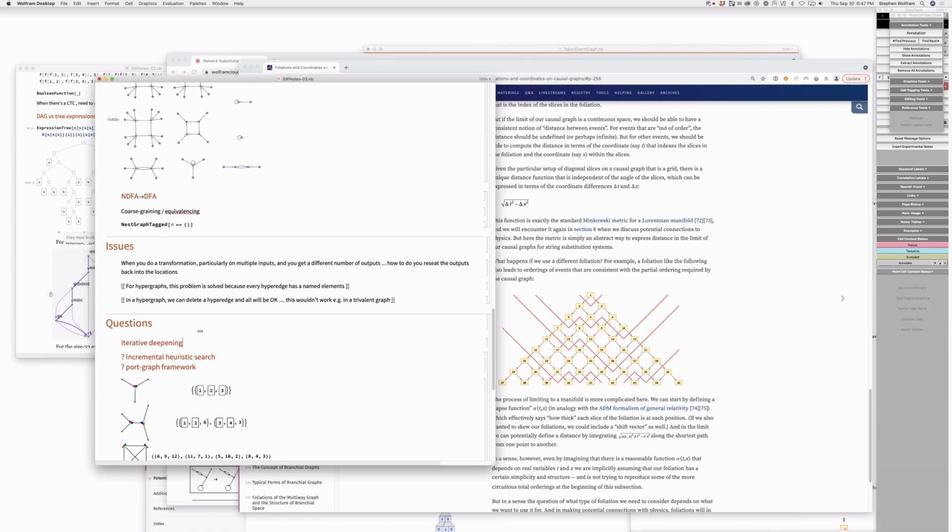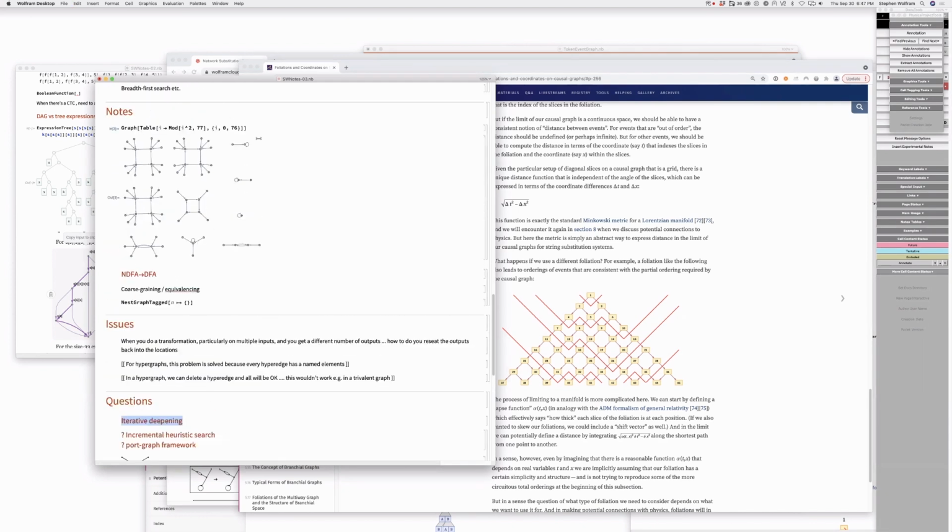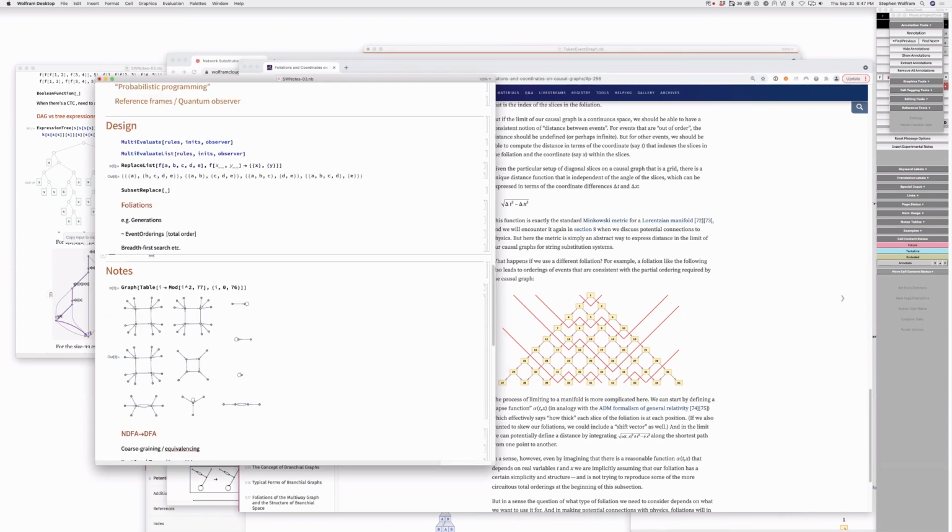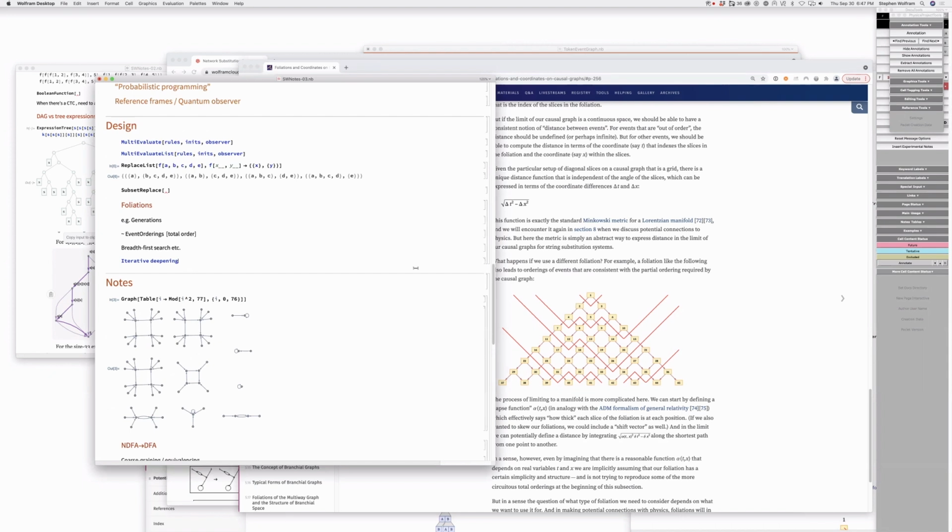That's interesting. So, iterative deepening, I understand the idea. Basically, that's a what are you going to compute next? Where are you going to advance the evaluation front next? That makes sense?